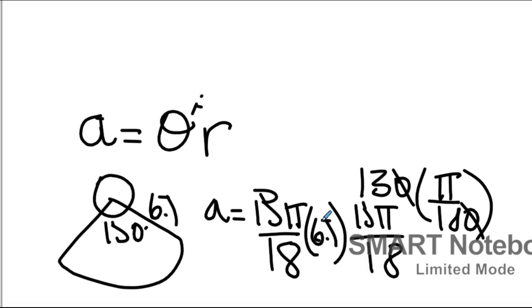I don't have the final answer written on my sheet. So we need 13 times 3.14 divided by 18 times 6.7. And that will give us the length of the arc, so this piece here. 15.19. Perfect.